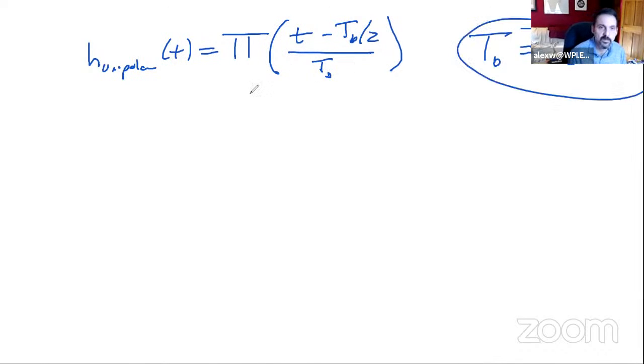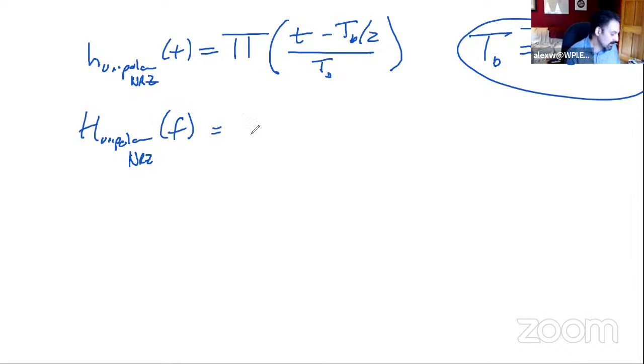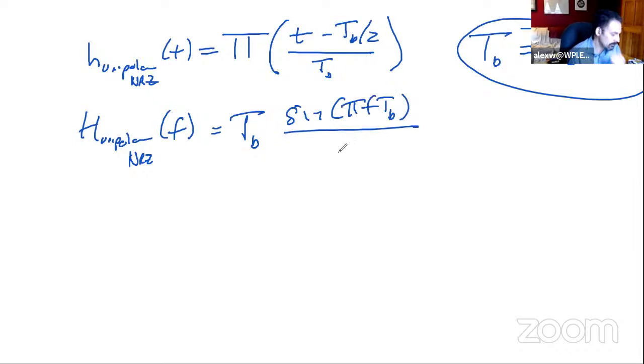So just heads up. Now, frequency representation, unipolar, non-return to 0. F, okay, what is that going to be equal to? And this is where, yes, thank goodness, TB times a sinc function, sin(pi f TB) over pi f TB. But wait, heads up, I got a time shift.